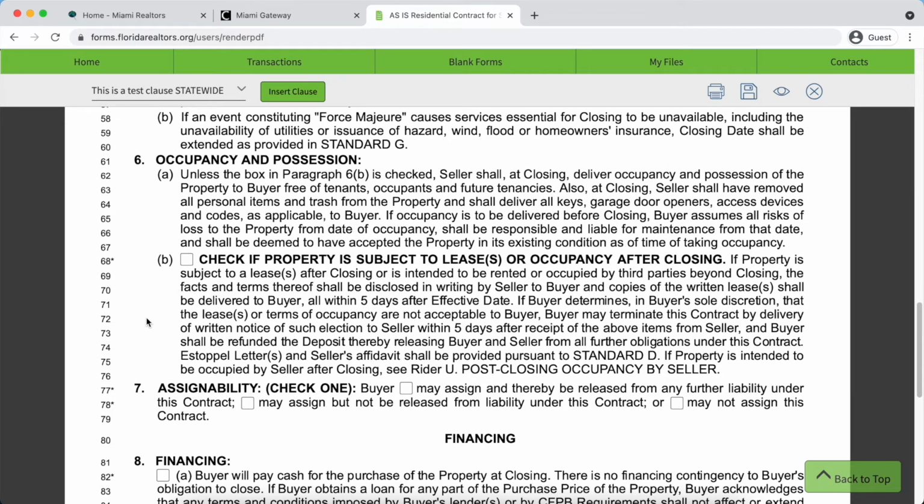Occupancy and possession. All right, this one here. If you're representing the seller, it's very important for you to understand that the property does not belong to the buyer technically until the seller receives their funds. So when you see on a listing that possession says funding, what that means is that the seller is not going to turn over keys after closing until he's confirmed that he's received his funds.